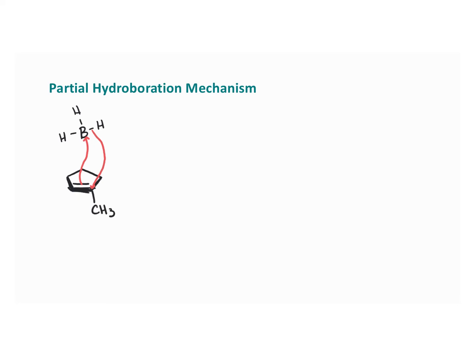Now, when that occurs in this concerted fashion, we've got CH3 here, and then these two things: we've got BH2 that adds here and a hydrogen that adds here. And those add on the same side, so that's a syn addition. So the hydrogen and the BH2 add in a syn fashion.